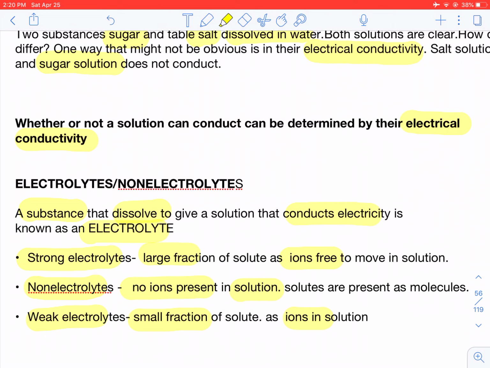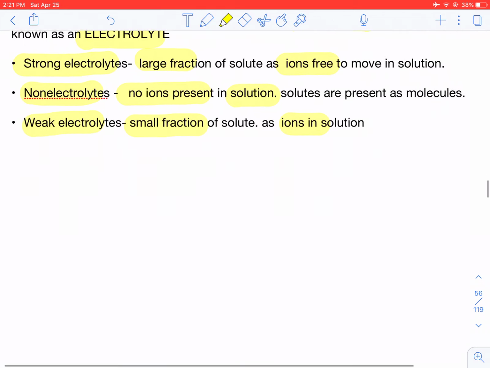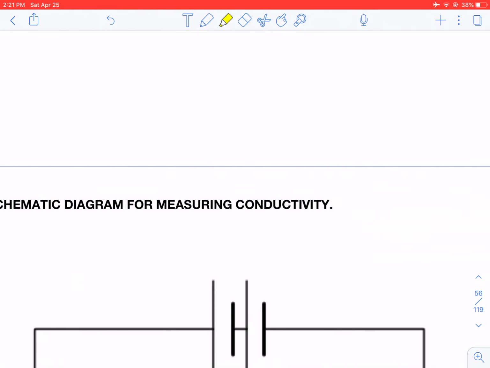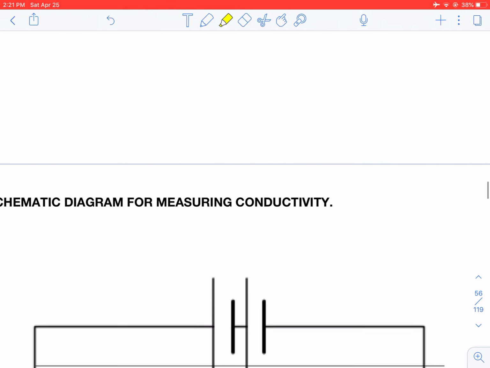In order to have a better understanding of electrolytes, and which solution conducts and which cannot, we need to look at the instrument or device that can measure conductivity. Here we have a schematic diagram for measuring conductivity.